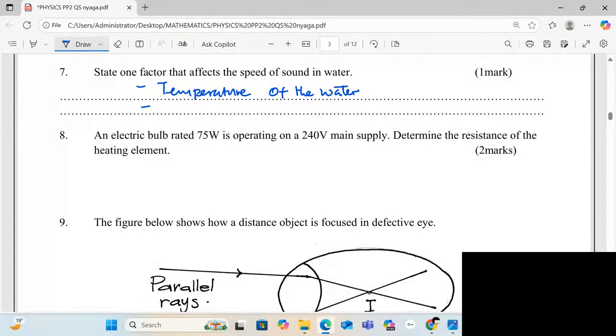We have another, density of the water. We need to be specific. What temperature are we talking? And what density are we talking?